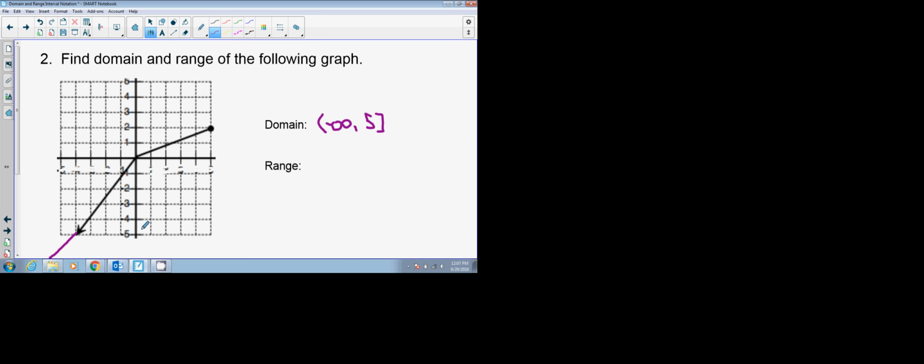So again, the smallest possible y that's in the picture is -5, but is that the smallest possible y in the graph? No, it is not. The smallest possible y, notice again, -6 is in the graph, -7 is in the graph. So the smallest possible y is -infinity. And the largest possible y is 2.